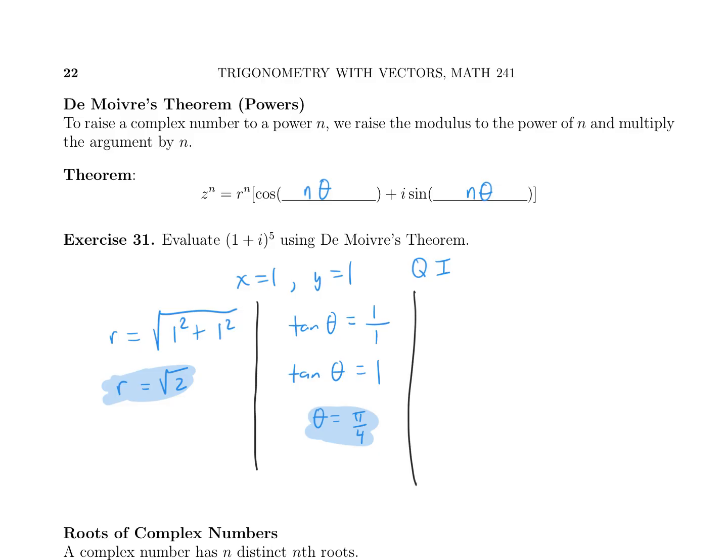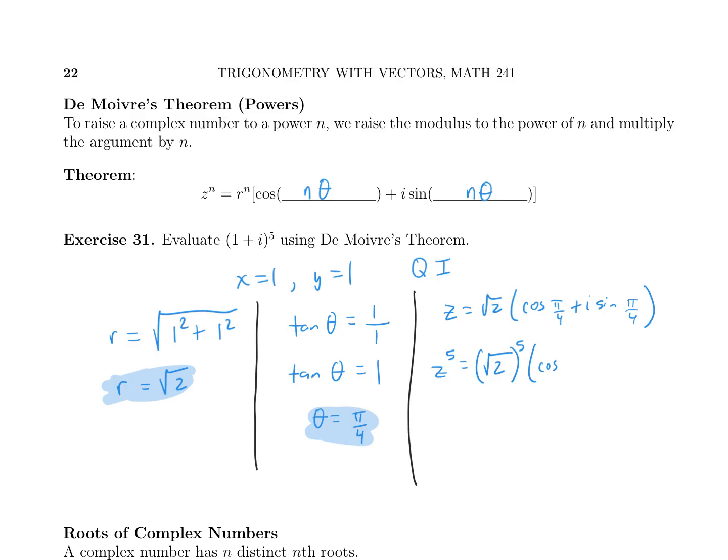Okay, so we got z equals square root of 2 times cosine pi over 4 plus i sine pi over 4. Now we can raise it to the 5th power. That means we're raising the modulus to the 5th, and recall that we're multiplying the argument by 5 as well.